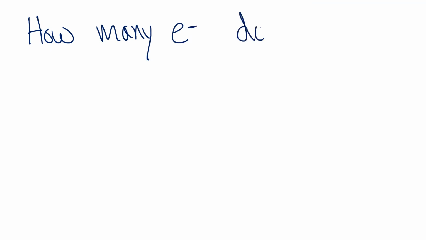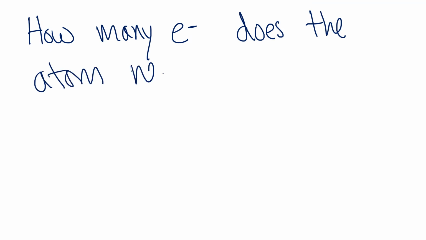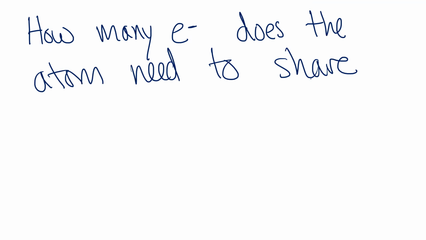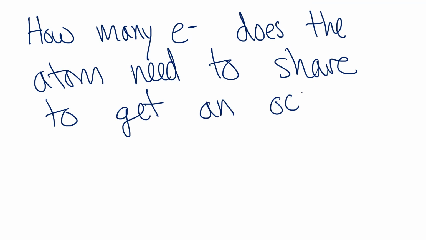So what you have to ask yourself is, how many electrons does the atom need to share in addition to its own to get an octet, ignoring the exceptions?